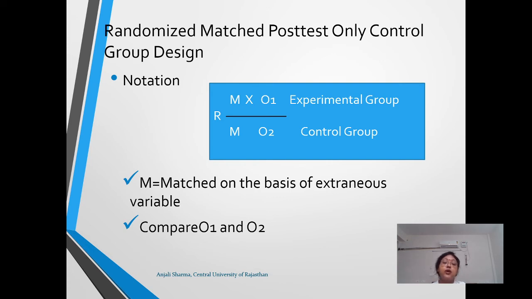It is very important to control the effect of extraneous variables at any cost, and through the matched group design we are able to do that. That's why it is called the randomized matched post-test only control group design.